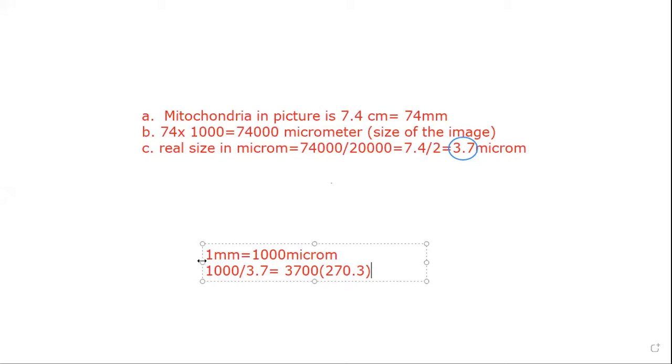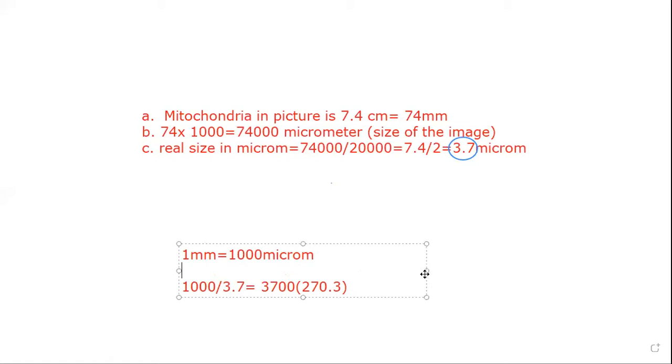Isn't it in the book? Yes, ma'am. They have done it right only. Are we right or they are right? They are right, ma'am, the answer of the book. So we are wrong. Ma'am, we have to do the division 1000 divided by 3.7, and we have done 3.7 divided by 1000.